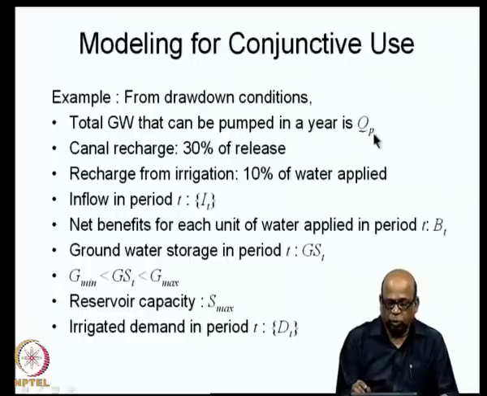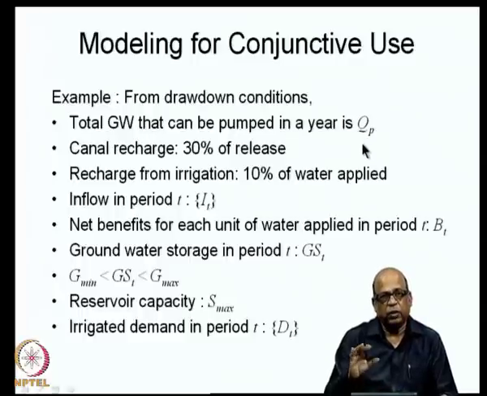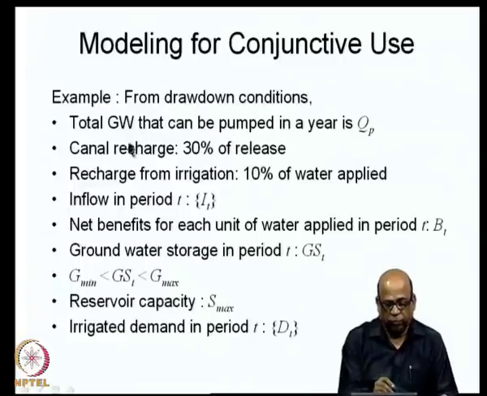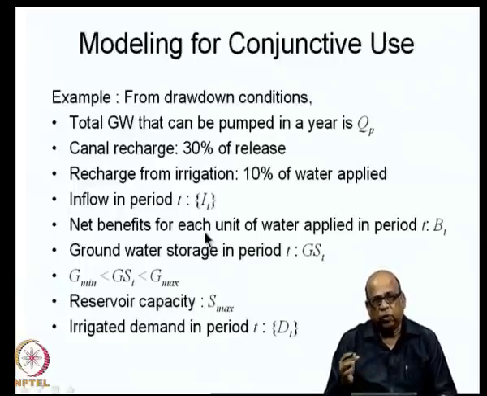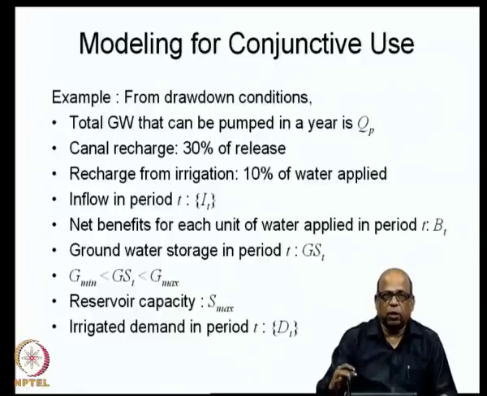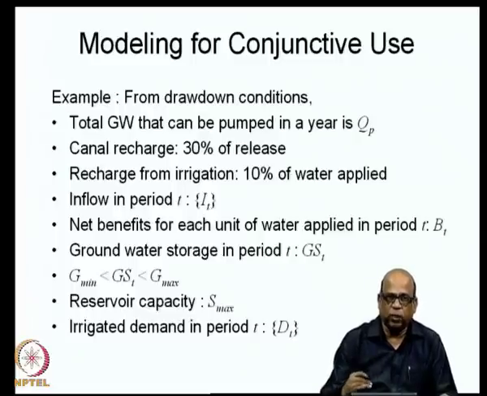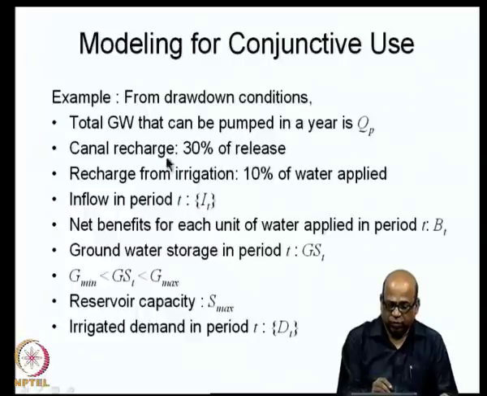So, from the drawdown conditions, this is for an example, we will say that the total groundwater that can be pumped in a year is QP. So, we will specify the volume of groundwater as QP. Then whatever is released from the reservoir as it goes through the canal network, 30% of that goes out as seepage through the canals and adds to the canal recharge.